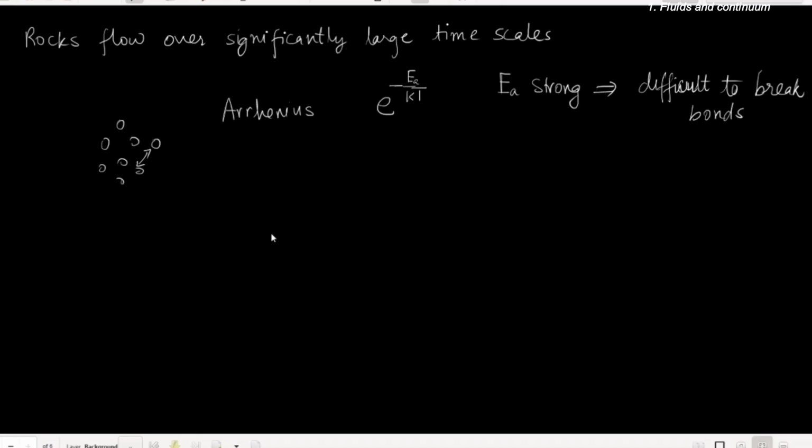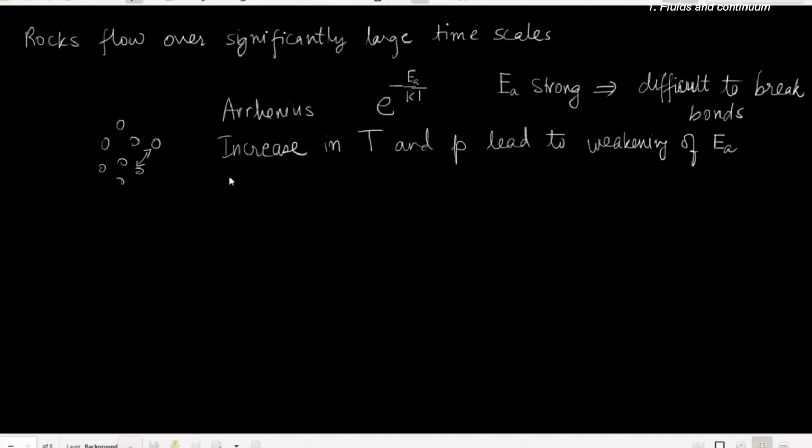However, an increase in temperature and pressure does give rise to a weakening of the activation energy relative to kT. So the factor kT comes in from statistical physics. So increase in temperature and pressure leads to flow of the rocks.